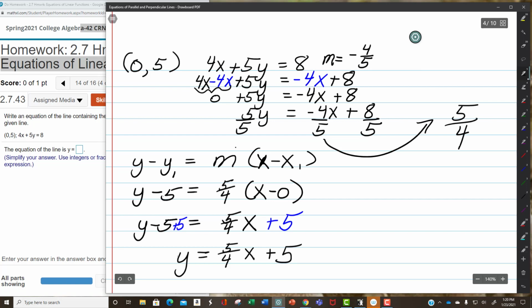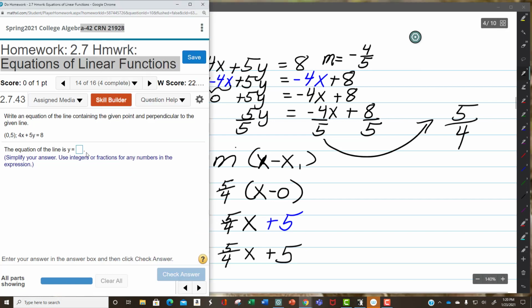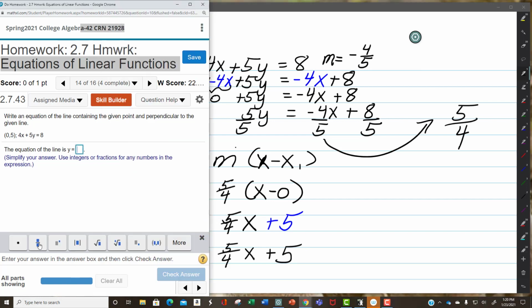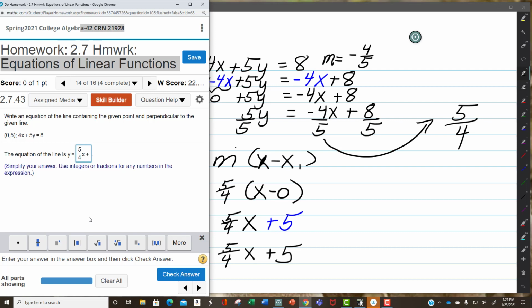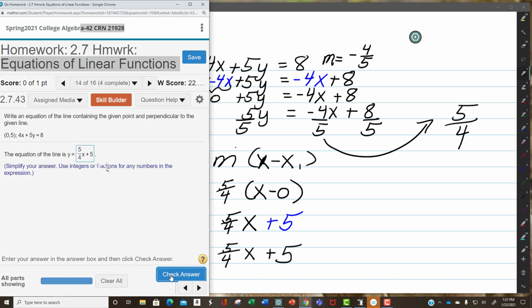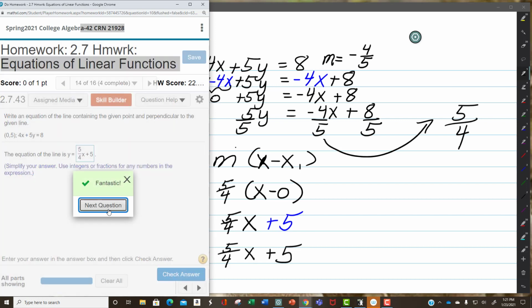Let's see. Five-fourths x plus 5. Yeah, all right.